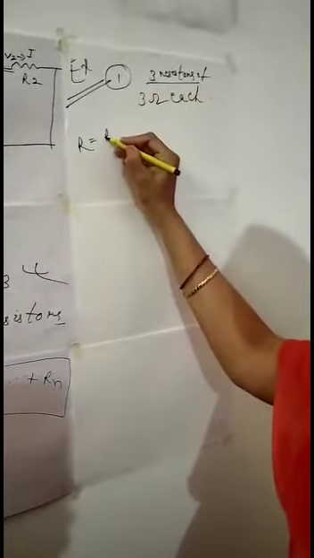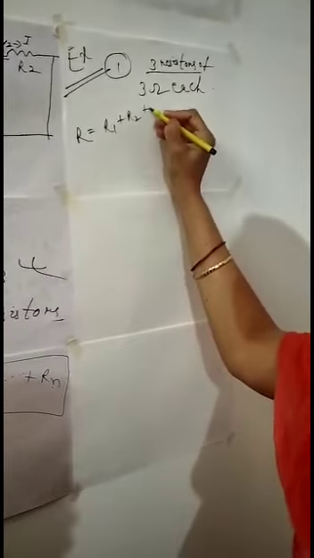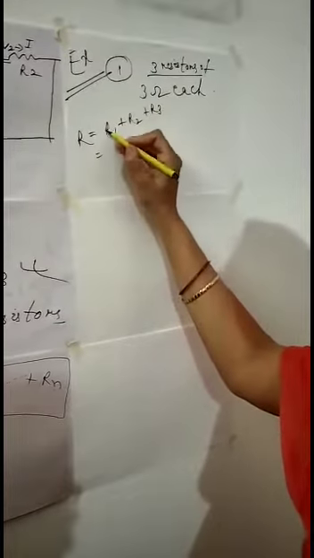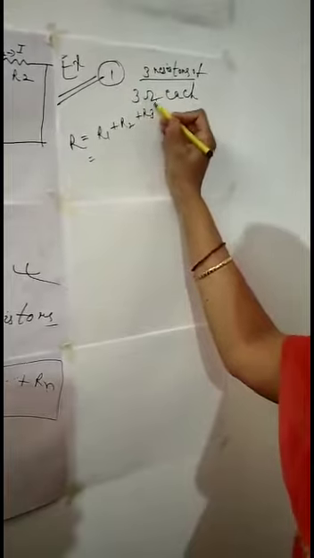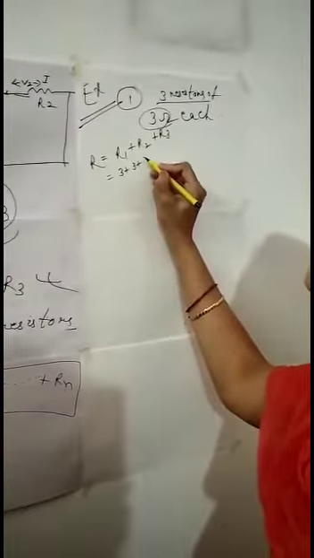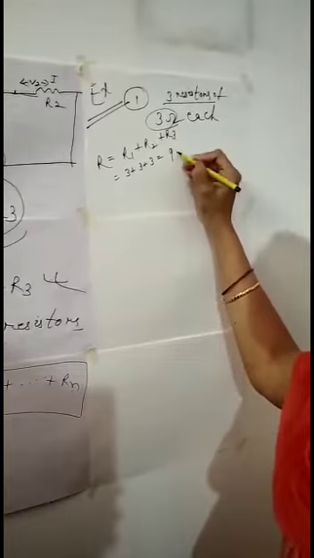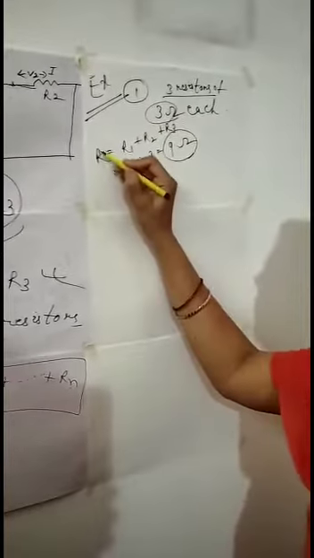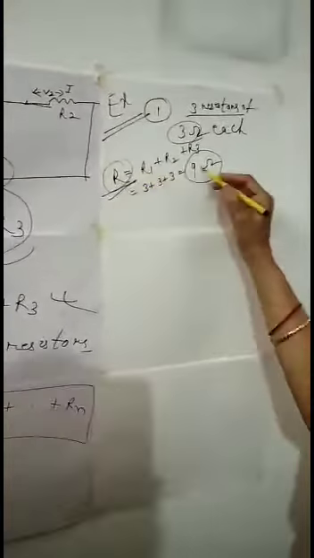First write down the formula. 3 resistors means R is equal to R1 plus R2 plus R3. Then put the value of each resistance, 3 ohm. So that is equal to 3 plus 3 plus 3, which is equal to 9 ohm.